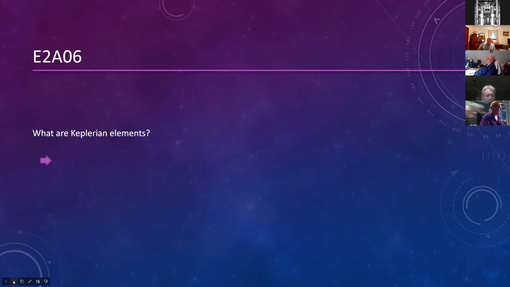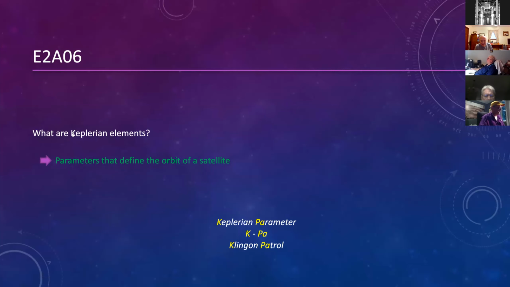What are Keplerian elements? Parameters that define the orbit of a satellite. All right, I'm going to show y'all my memory device for this, but you're not allowed to laugh at me. Klingon Patrol. K and P, A, the answer.